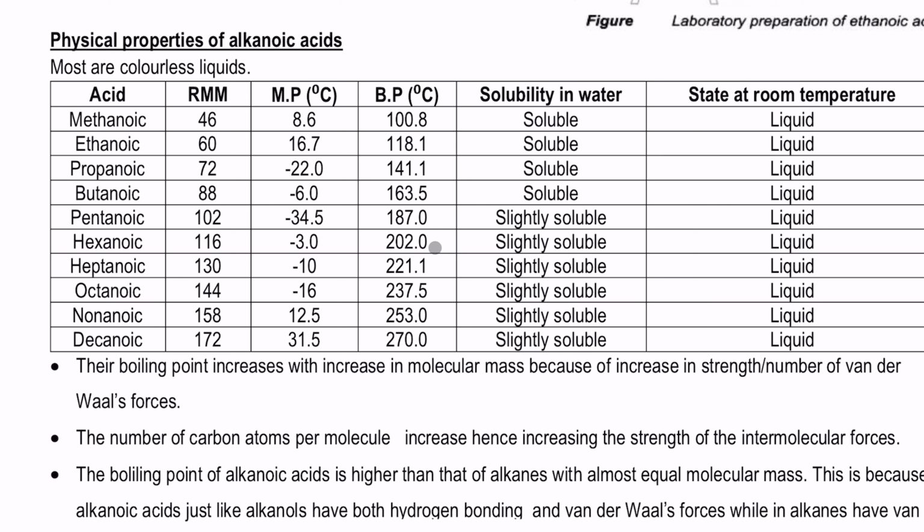This is because of the increase in the number of van der Waals forces as we move down the homologous series. But you notice that the state at room temperature of most alkanoic acids is that they are liquids. The first three, methanoic acid, ethanoic acid, and propanoic acid, are very soluble in water. The others are also soluble, but their solubility is slight as compared to the first three.